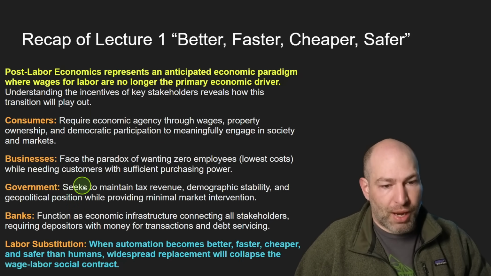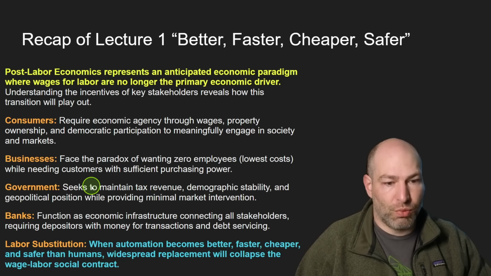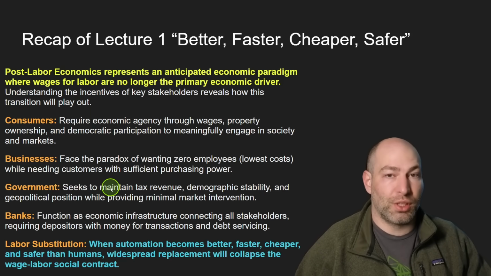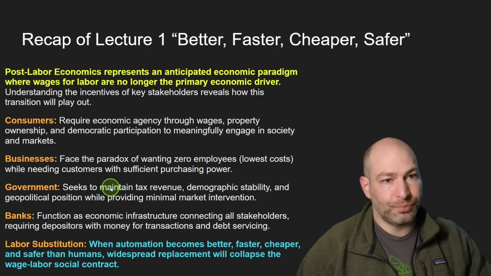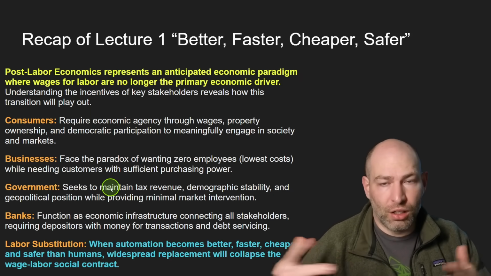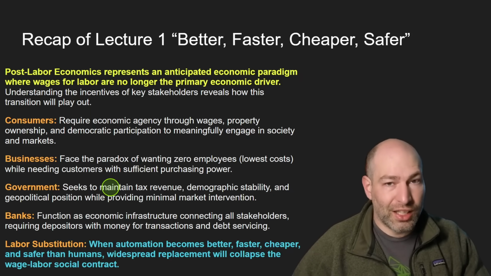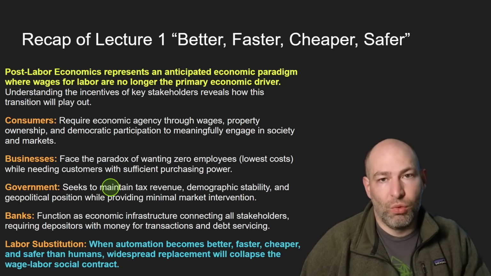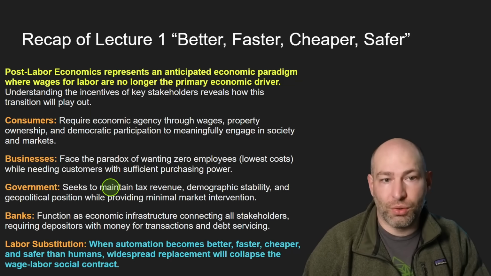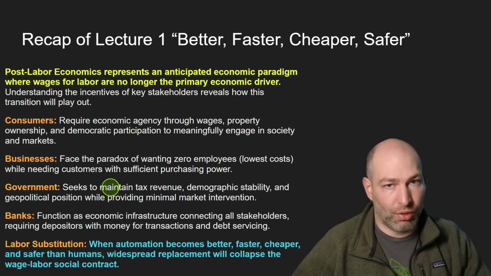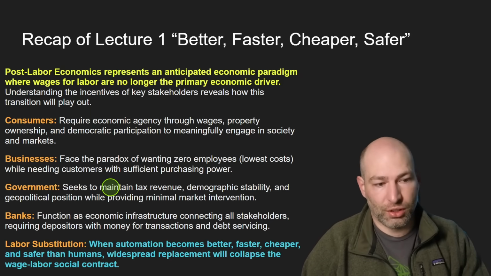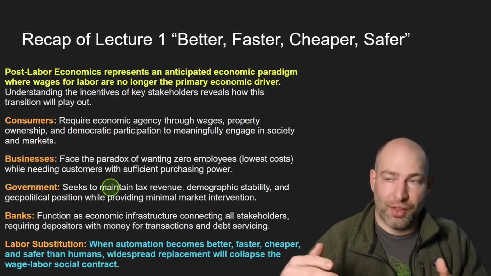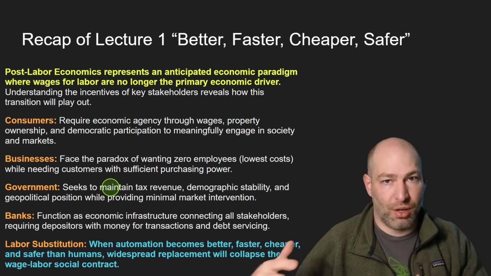Third, the government wants to maintain tax revenue, demographic stability, and geopolitical position while providing minimal market intervention. However, if all of your citizens are unemployed, guess what? The citizens are going to rise up. We've seen this multiple times throughout history, where if economic agency gets too low, the chances of things like civil war and revolution go up. And certainly that's what has determined most of the outcomes of elections: kitchen table economics.